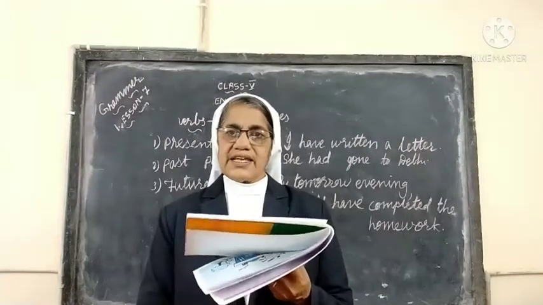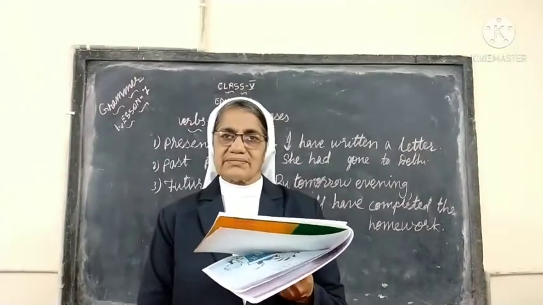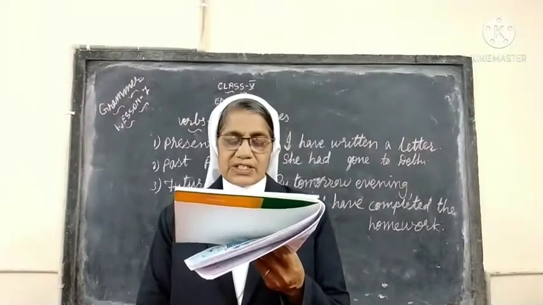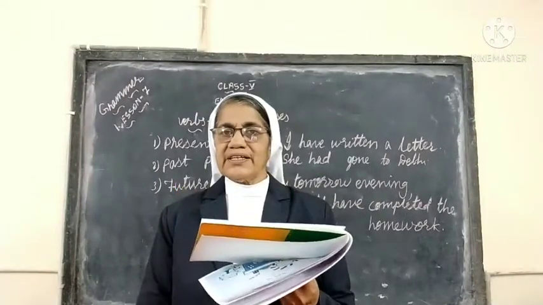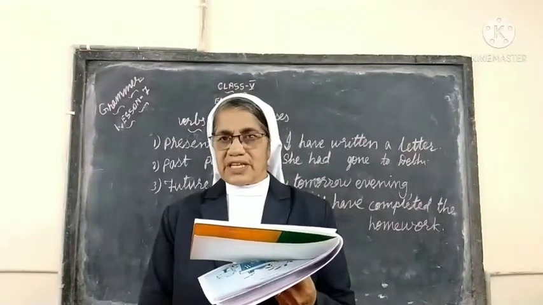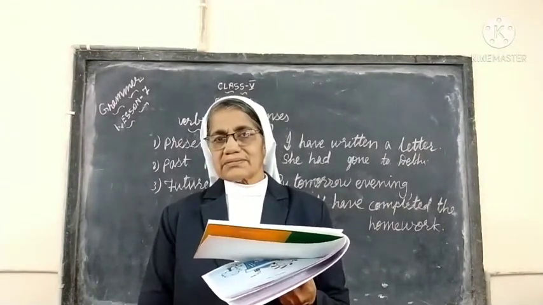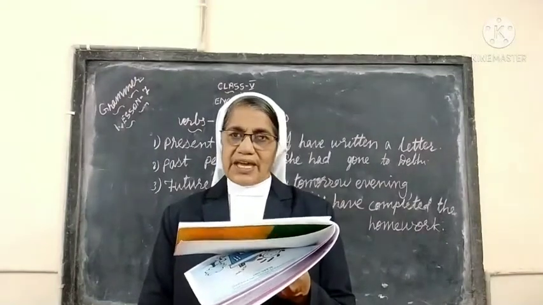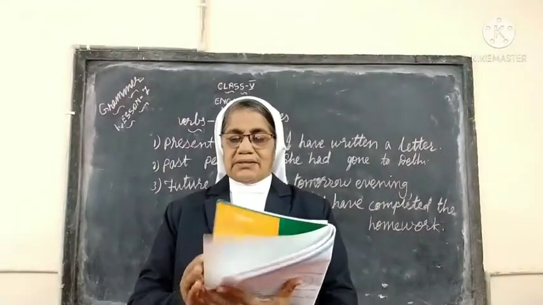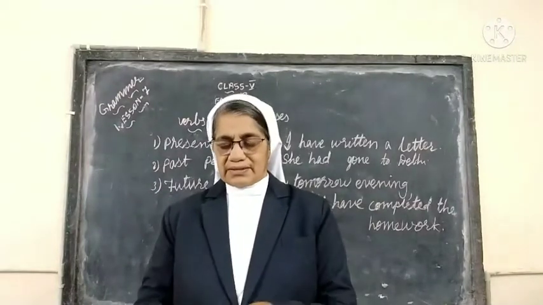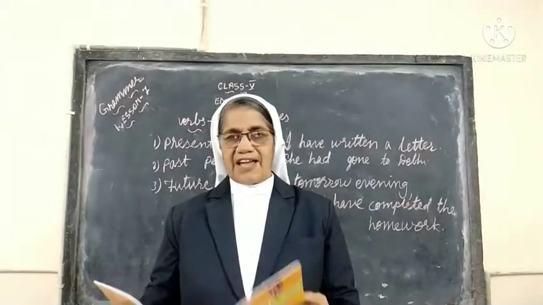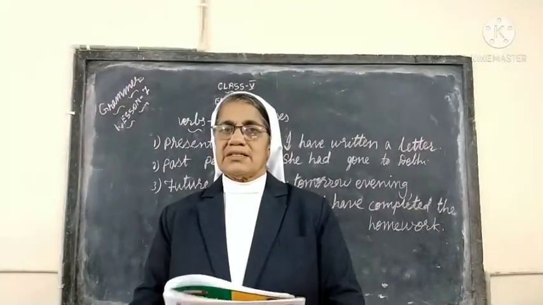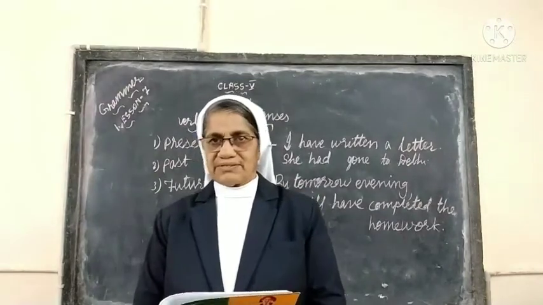And write this sentence as a question. Had Rajat reached home before his father came? Then put a question mark. Some more questions are there. Questions 4 and 5, you write the answers yourself.